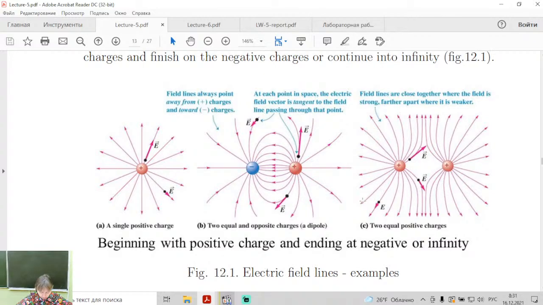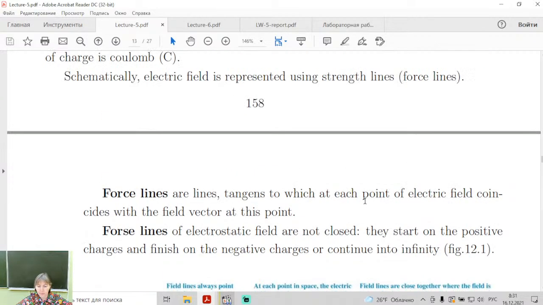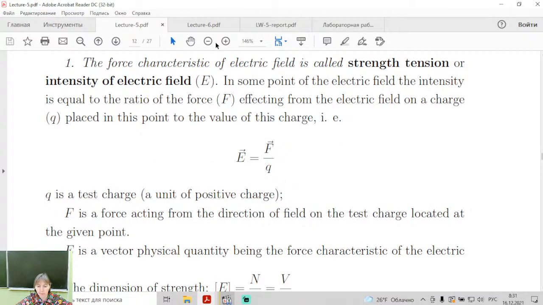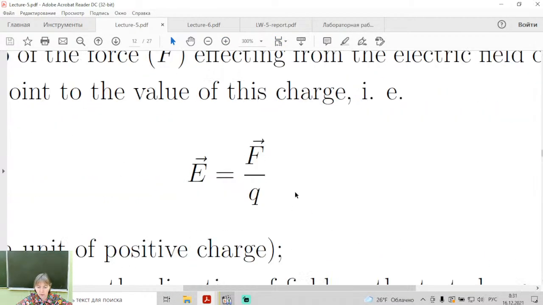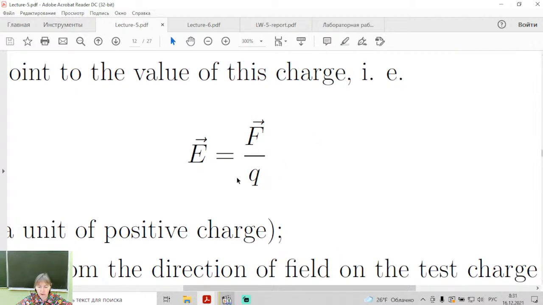And the first equation is E, the electric field, equals this force F divided by this charge Q. Q is a test charge, a unit of positive charge.